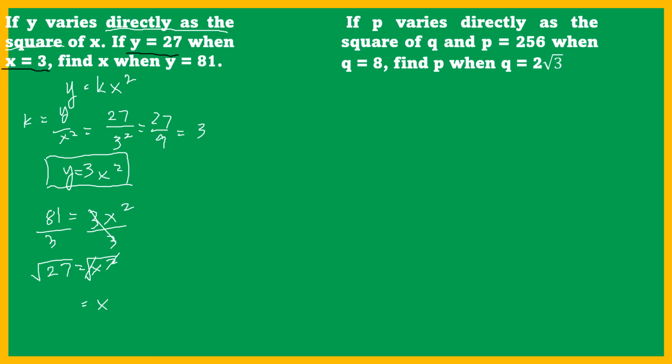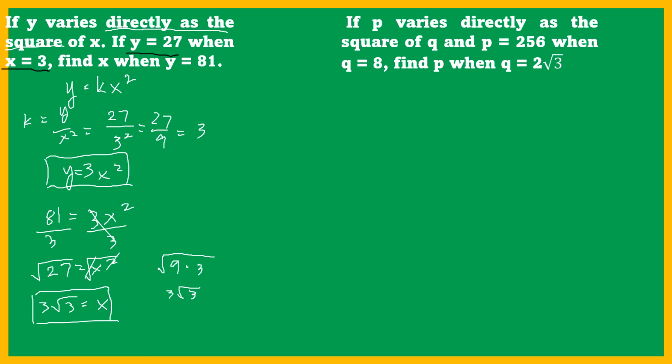But in this case, pwede nating masimplify yung 27 by simply getting the factor na yung isa is perfect square, and that is 9 times 3. Okay, so we have the square root of 9 is 3 and matitira yung 3 sa loob. So that means our x is 3 square root of 3. That is the value of x when y is 81.